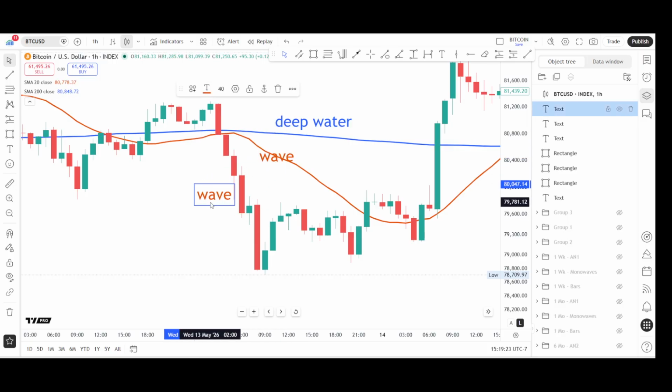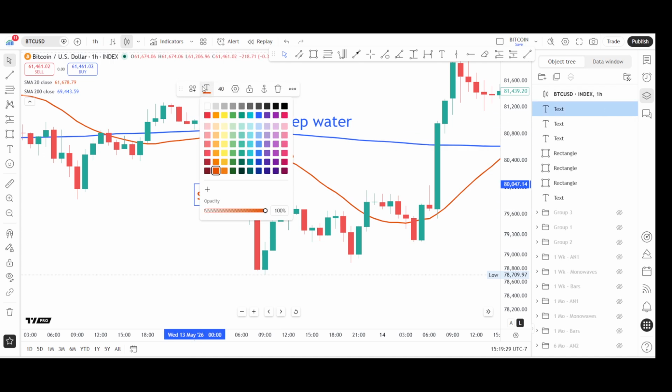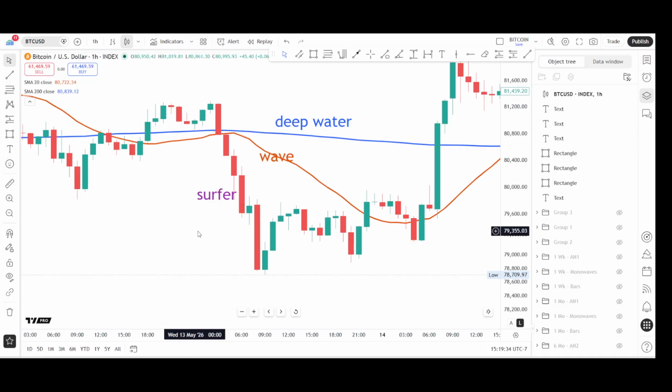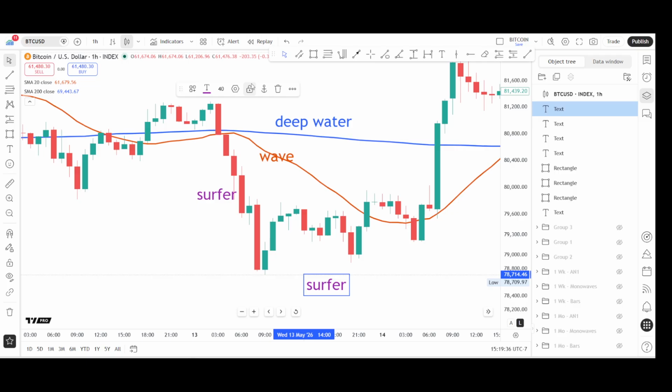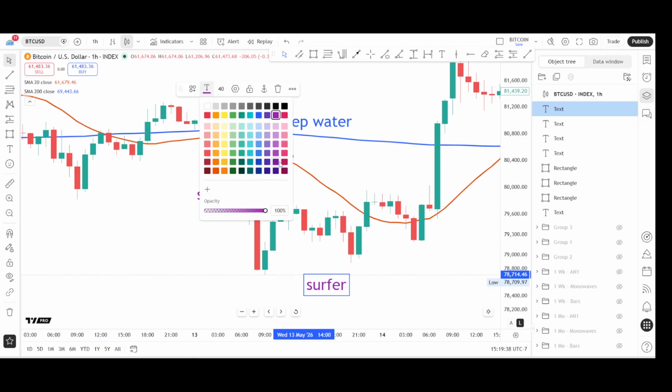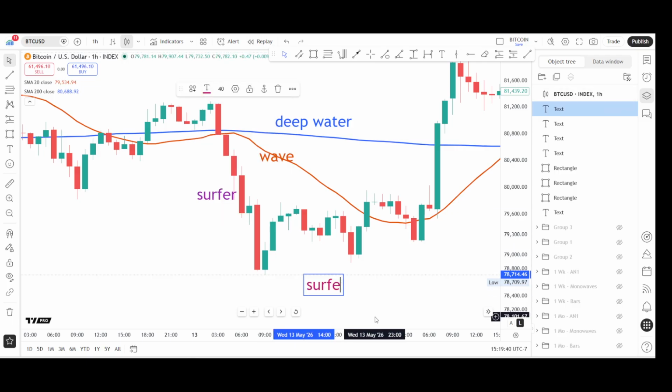This was the surfer, which is the market. I can't remember. I think I had that one in purple. Let's just put that one in purple. Why not? The beach was out here. I think I had that in this color right here. I'm trying to keep it all pretty consistent. All right, so that's the beach.